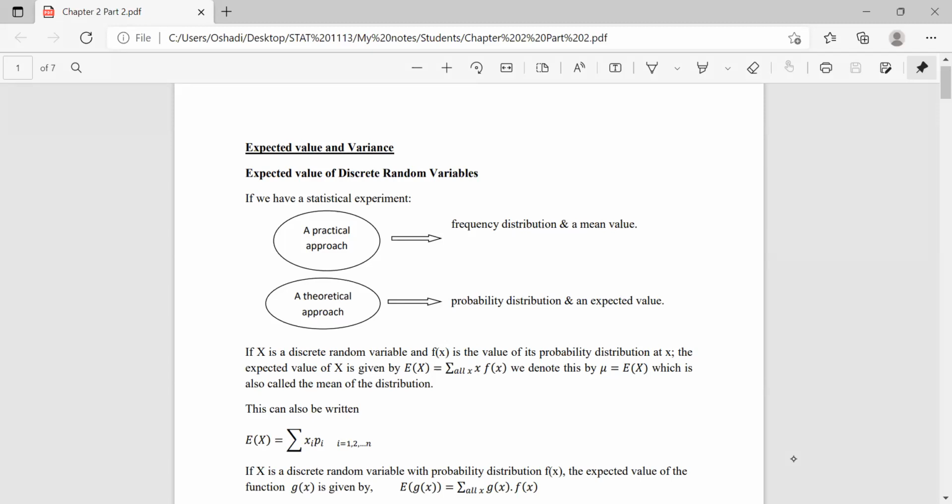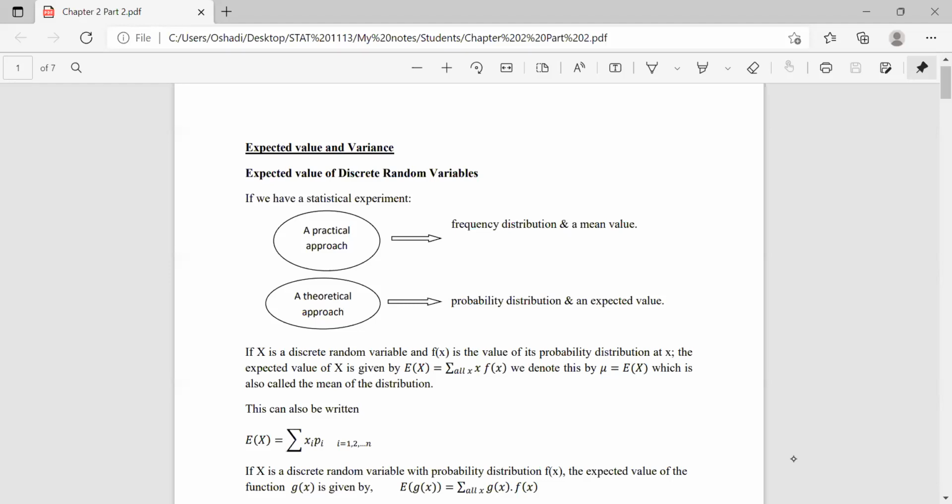If we actually do the experiment, we have some frequencies for the head and tail and a mean value as well. Likewise, rolling a die, for each side 1 to 6 there is a frequency value if we roll a die 50 times, and also a mean or average value.